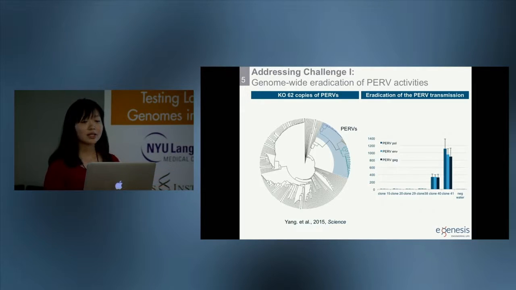We first utilized a sequencing technique to identify that there are 62 copies of the endogenous retrovirus in the genome of the particular cell line we are working on, and we designed CRISPR specifically to target the catalytic domain of the reverse transcriptase of the virus genome. After the treatment, we got a cell line with 100% knockout of those 62 copies of the virus.